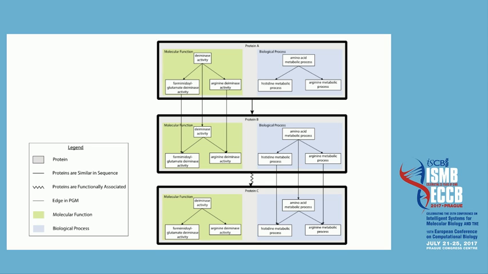Normally when we integrate networks, or multiple sources of data, we might just say across a sequence similarity edge, we link the molecular functions, and across a functional association edge, we link the molecular functions also. That doesn't seem like the best use of data, because it's almost assuming that when 2 proteins are in the same pathway, they're likely to have the same molecular function.